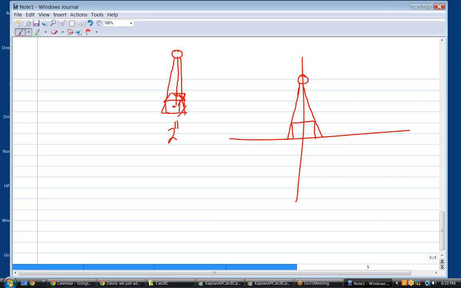Yes, it is. Because the key, this is 1 inch right here. Right. This is 1 minus x.